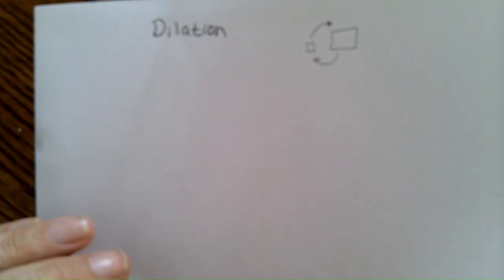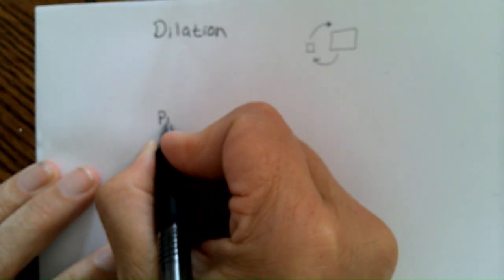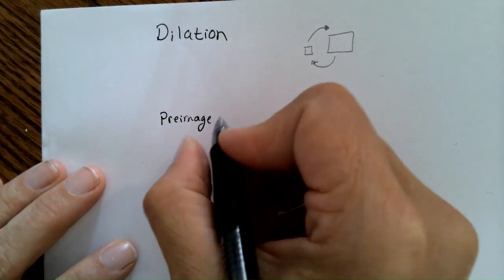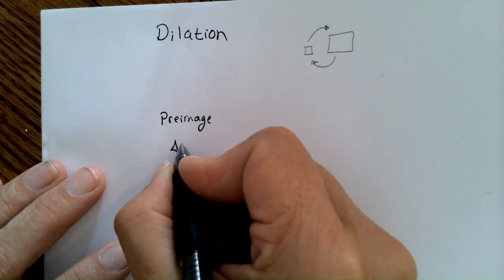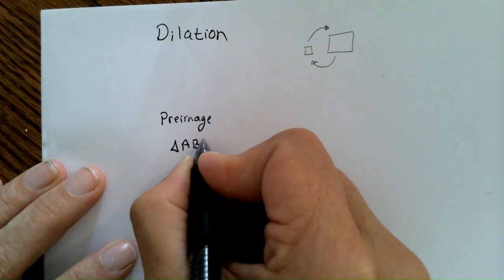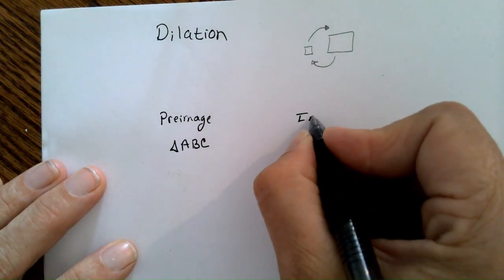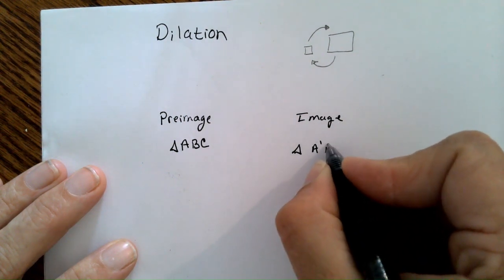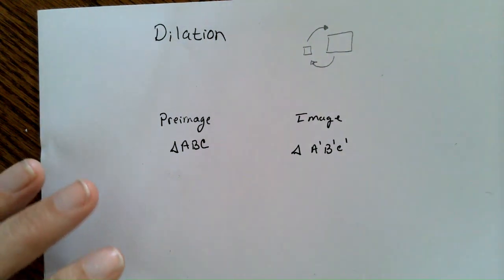Okay, so let's start with a pre-image, and then we're going to get an image. So remember, if you remember transformations, your pre-image is going to be labeled triangle ABC, and your image will be triangle A'B'C' with the little marks.